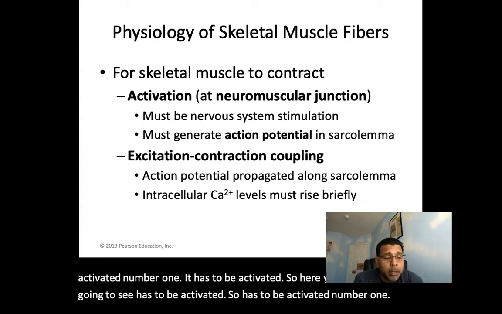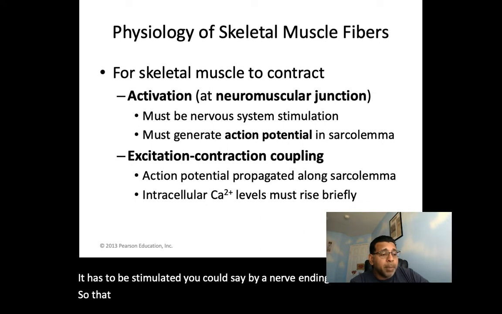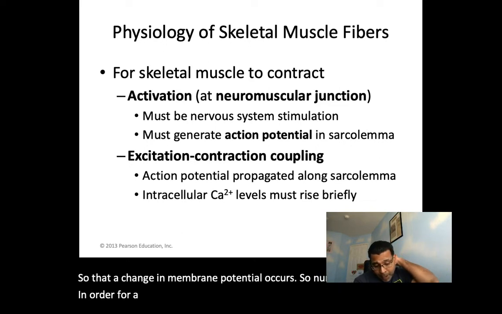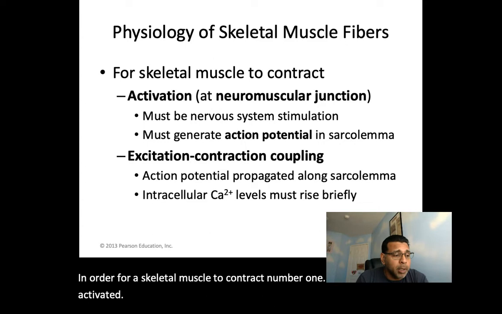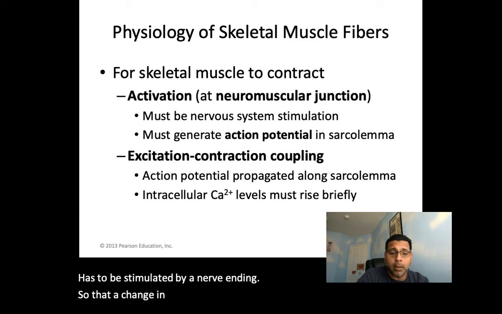It has to be stimulated, you could say, by a nerve ending so that a change in membrane potential occurs. So number one, in order for skeletal muscle to contract, it has to be activated, stimulated by a nerve ending so that a change in membrane potential occurs.